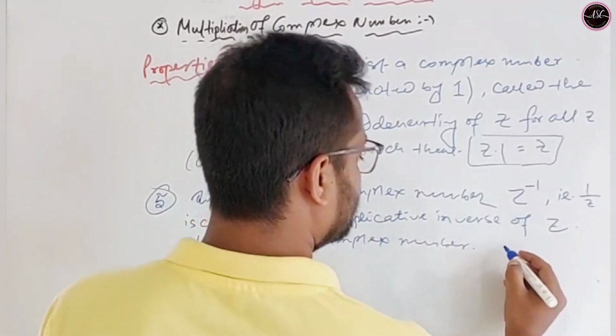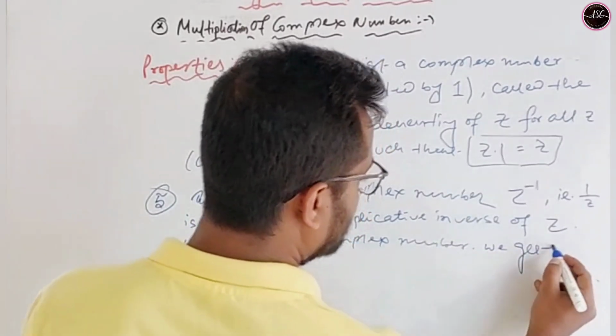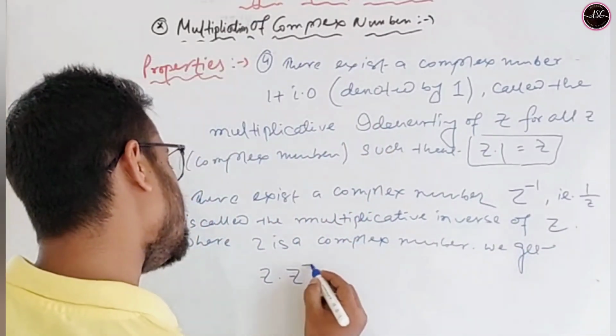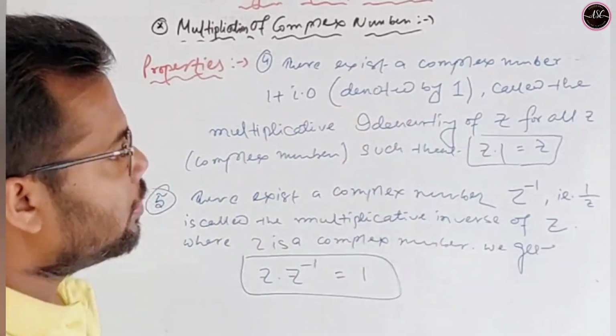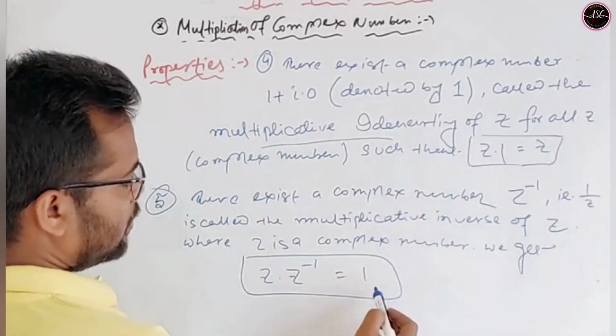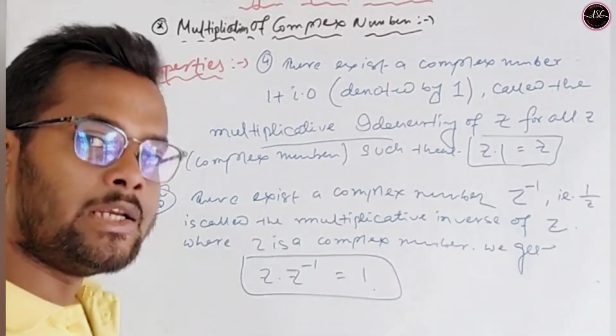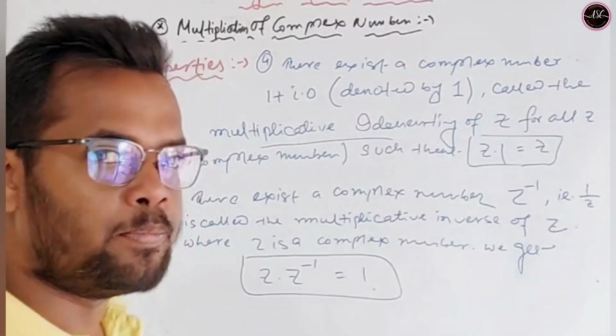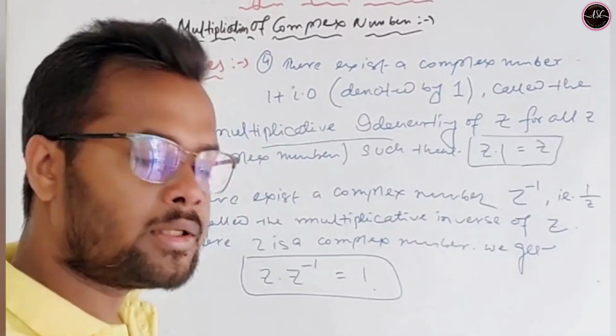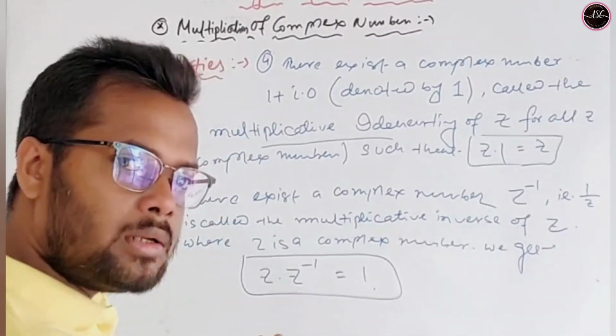Okay, and we get Z dot Z inverse equal to 1, and 1 is the multiplicative identity. Okay, and Z inverse is the multiplicative inverse. Here is a new term, multiplicative inverse. So this is very important. How to find the multiplicative inverse we should know later. Just see the properties now.